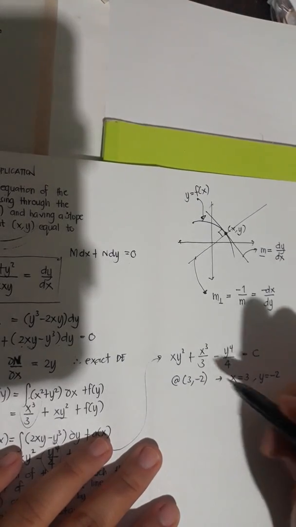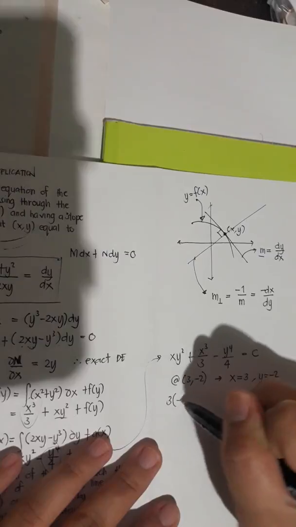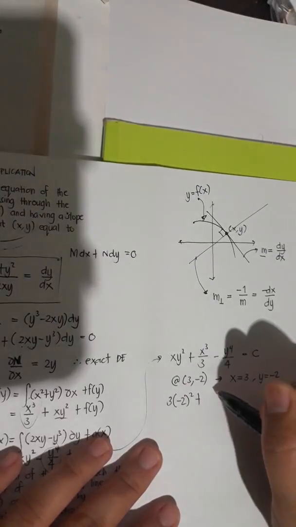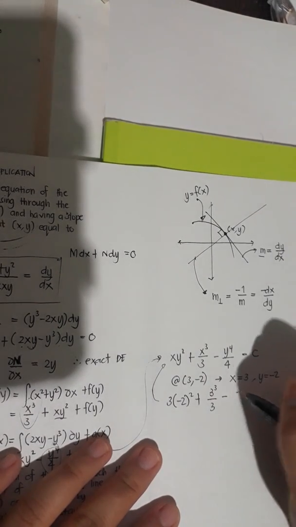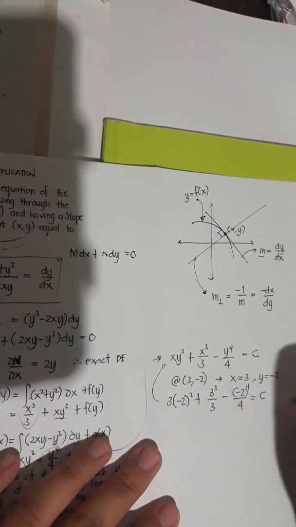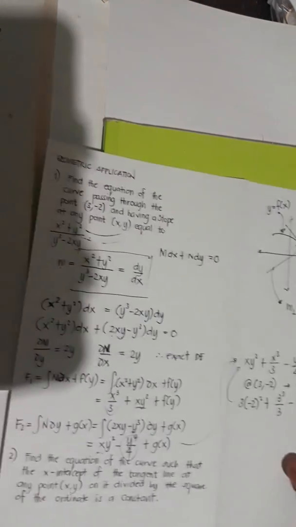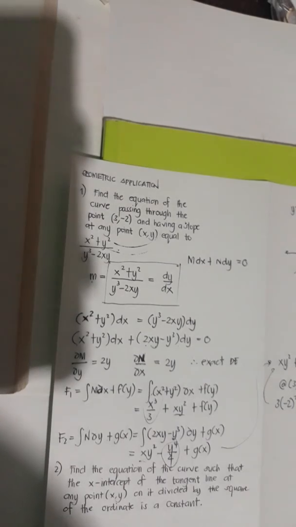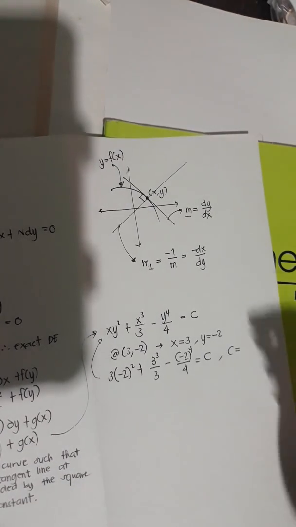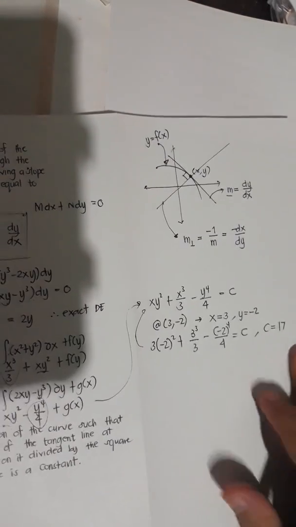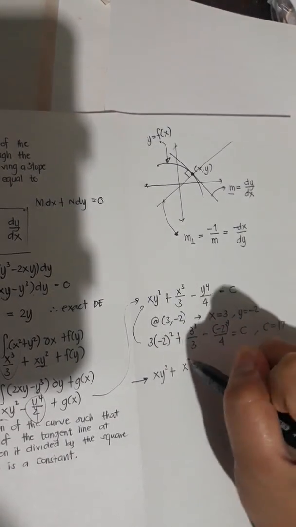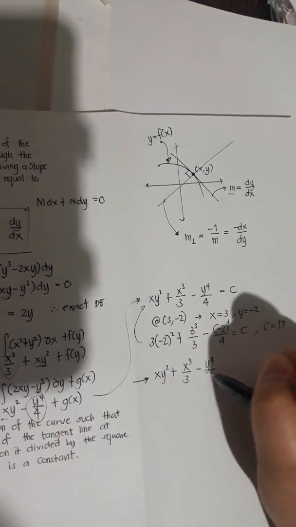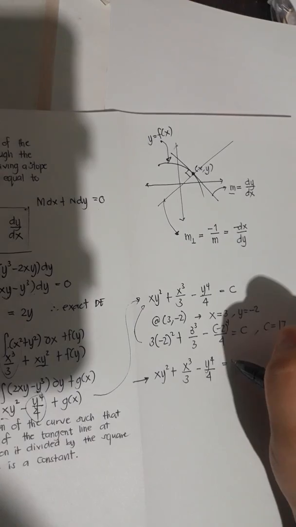We substitute x is 3, y is negative 2: 3 times (-2) squared plus 3 cubed over 3 minus (-2) raised to 4 over 4 equals c. I want you to be the one to calculate, but I guess c is 17. So we now have the particular solution, which is xy squared plus x cubed over 3 minus y raised to 4 over 4 equals 17.